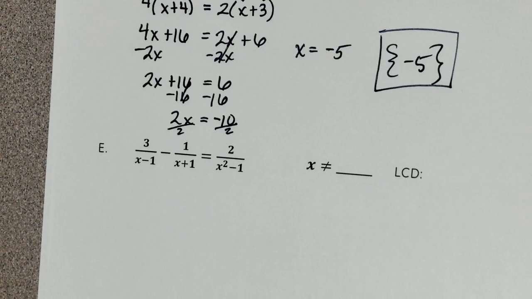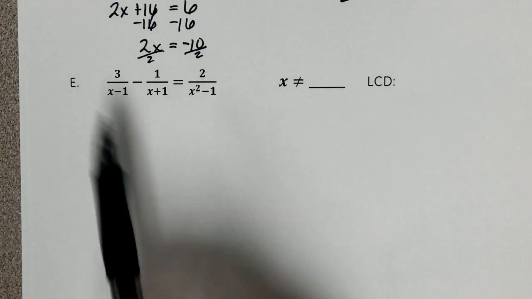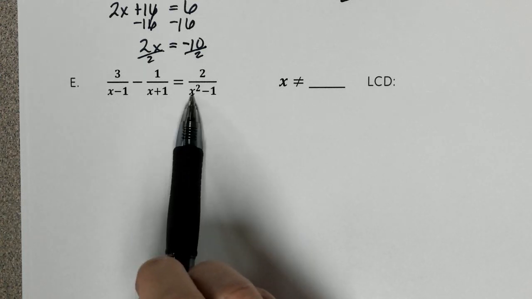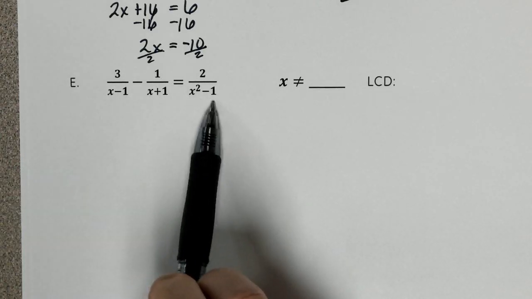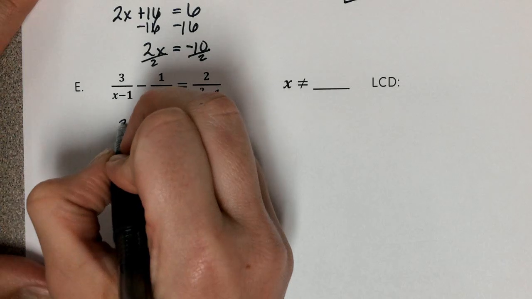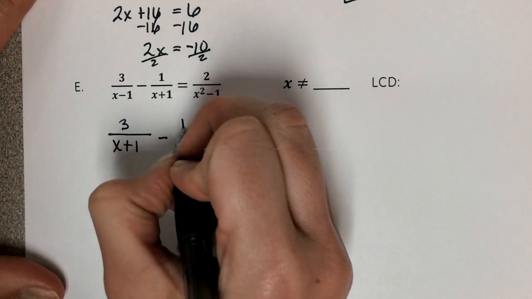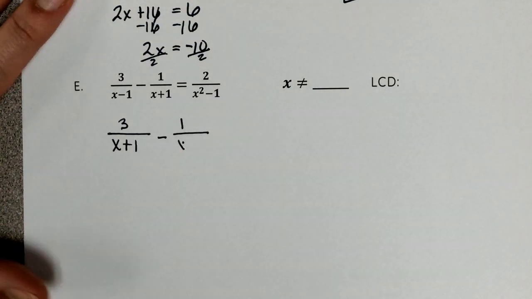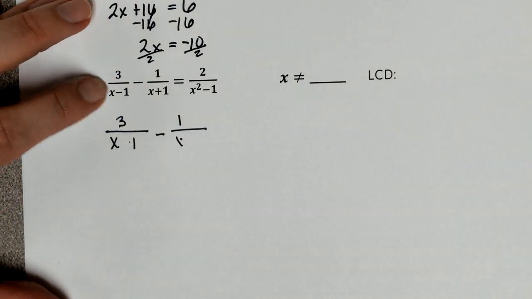Okay, one last one. In this case, we can't factor these two denominators, but this is a difference of squares, so this can be rewritten. And actually, these are both the factors of this, right? So 3 over x plus 1 minus 1 over, whoops, that's a minus 1, not a plus 1. Going too fast. That's a minus 1.